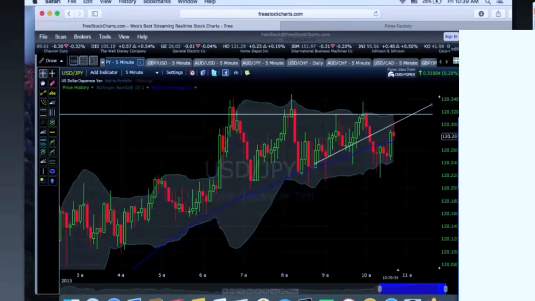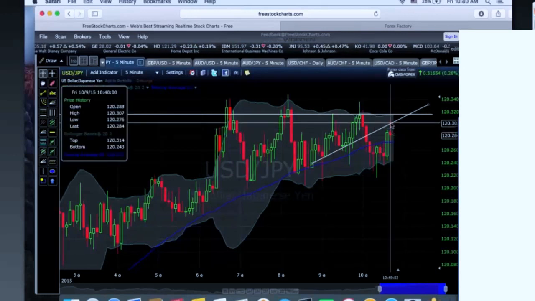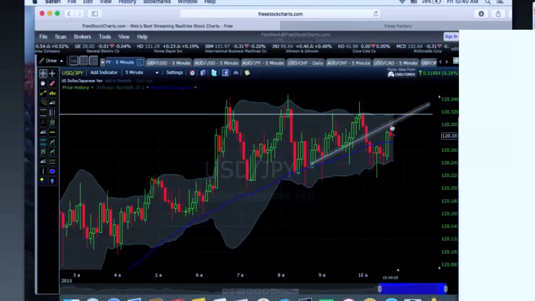As you can see, 300 holds it, as I thought it would, right there. I think it will hold for 45.